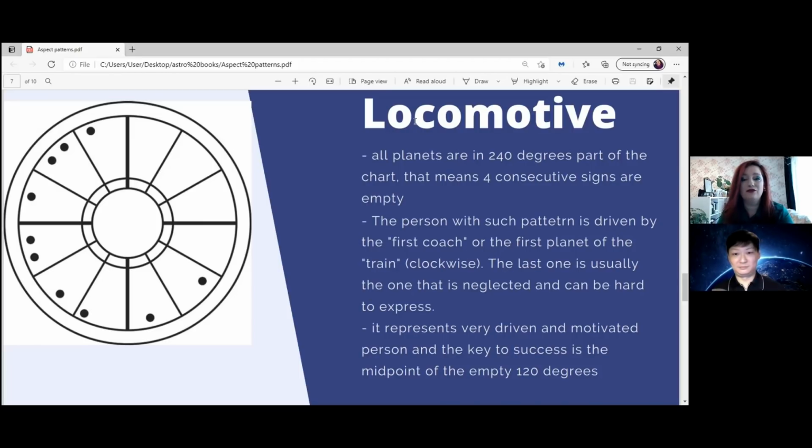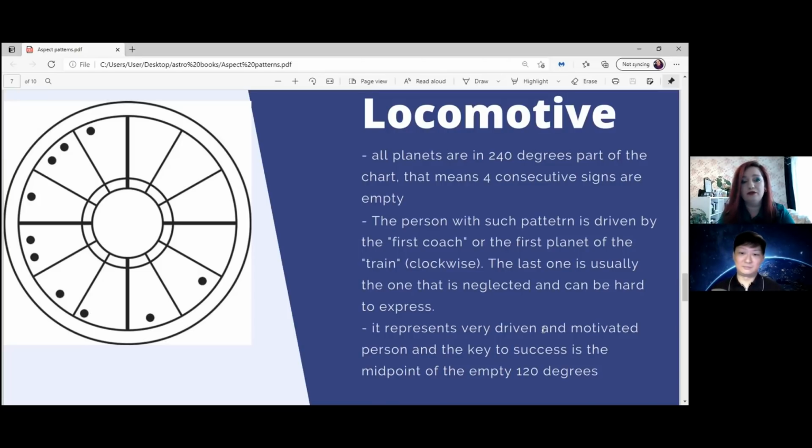So it's great if a person who has a locomotive chart has the first planet well situated, like in a sign that it rules or in a sign of exaltation. That would be the best. So it has strong energy to manage all the rest.